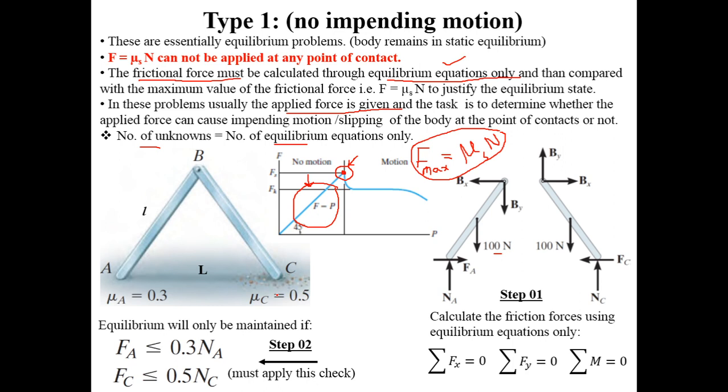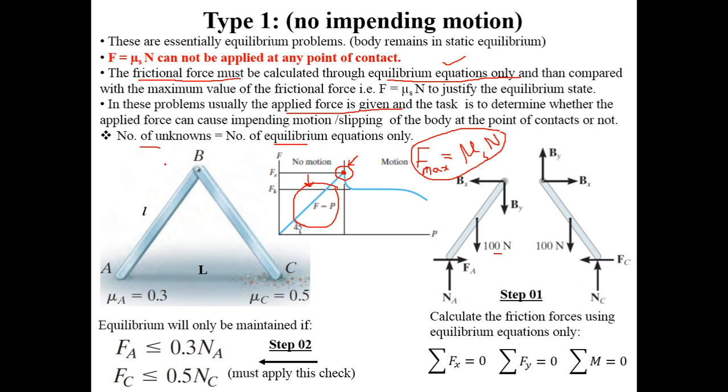But since we have to prove that under the weight of the member this structure remains in equilibrium, we have to assume that the structure is in equilibrium, and if it is in equilibrium it lies in this no motion region. So the friction forces appearing at points A and C will not be the maximum friction force. They will be forces that we calculate from the equilibrium equations.